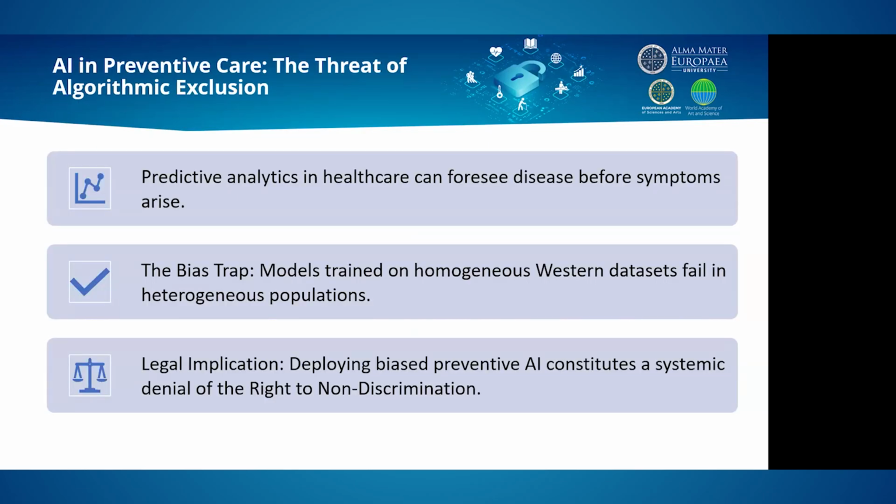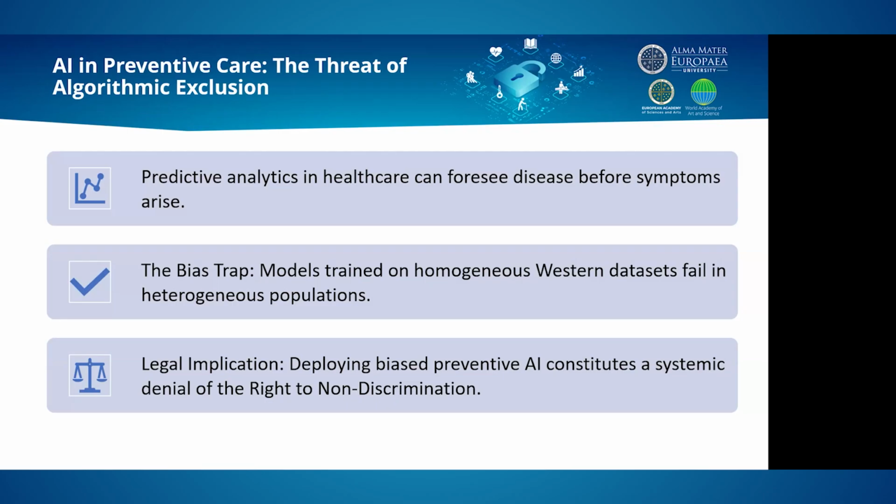Now, when you apply AI in preventive care, there is obviously a bias trap. When we look at preventive care, AI's predictive power is practically magic, but there is a massive trap.